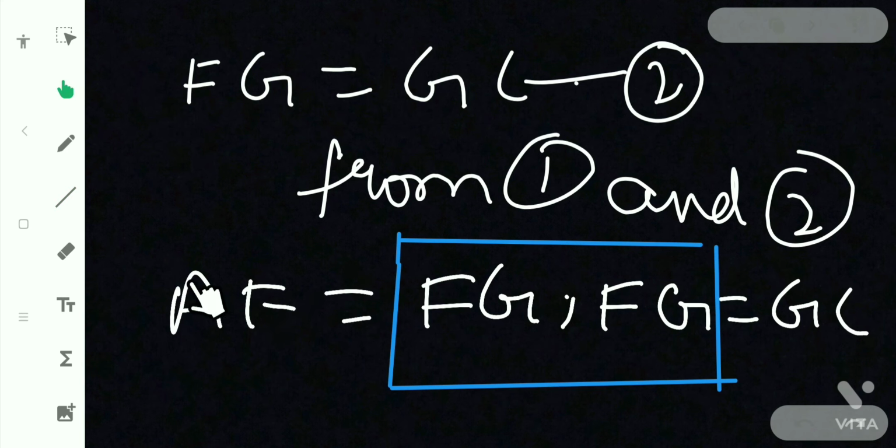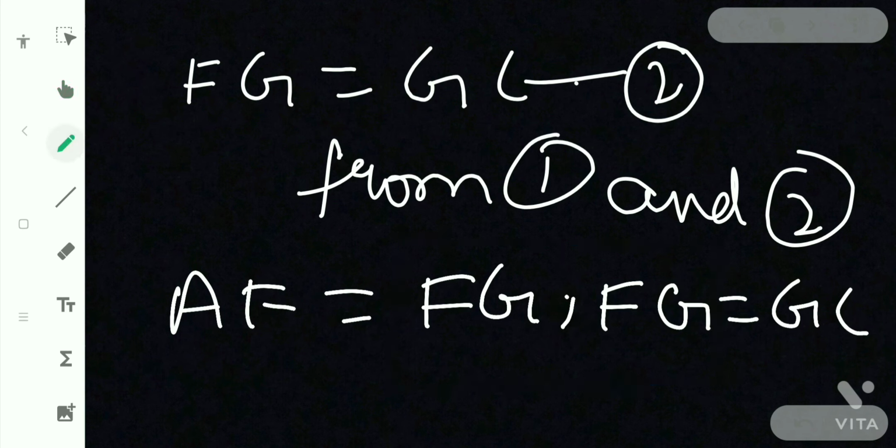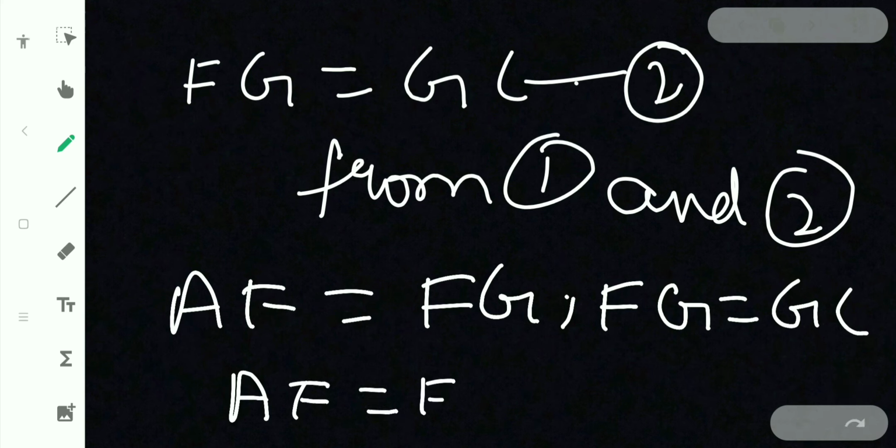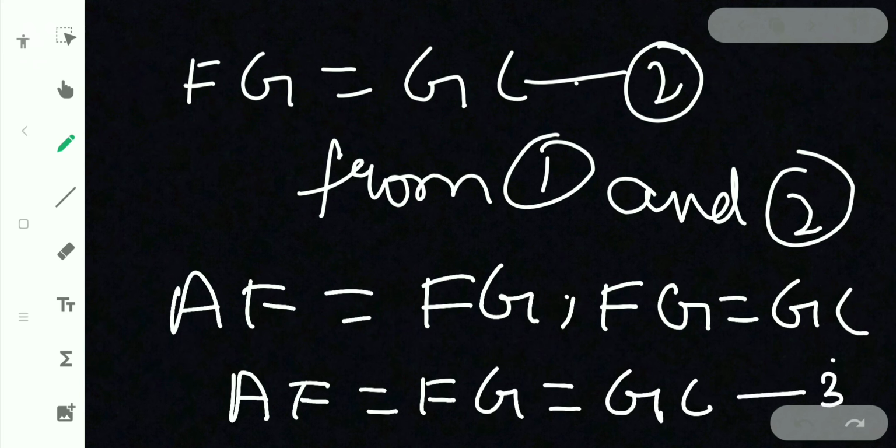So we can equate these two equations. So AF is equal to FG is equal to GC. Make it as equation 3.